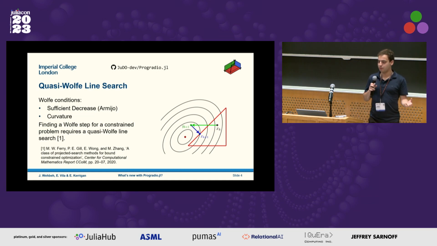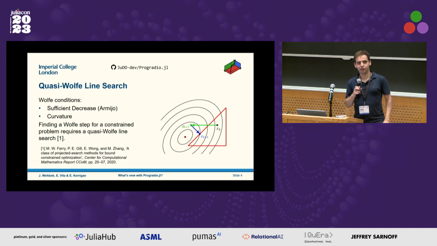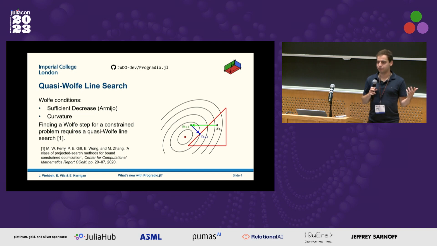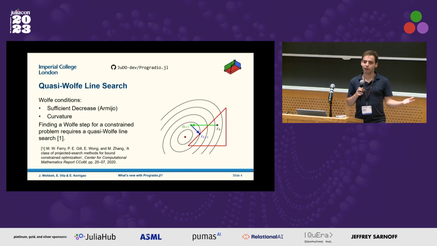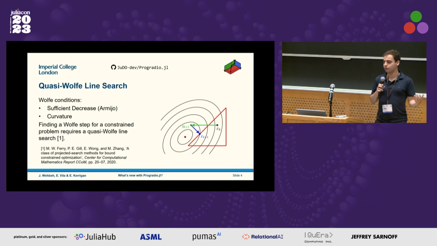So the second condition people look at is the curvature condition, and when you combine these two, you have the Wolfe conditions. And the curvature condition is basically just saying that because you know that as you get closer to the minimum of your optimization function, your gradient has to be smaller. So you look at a certain reduction in curvature at the point you select as your optimum.